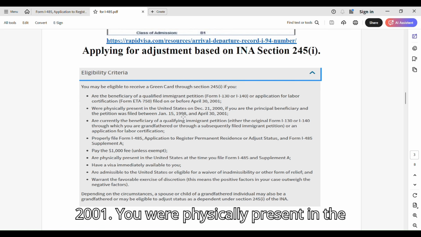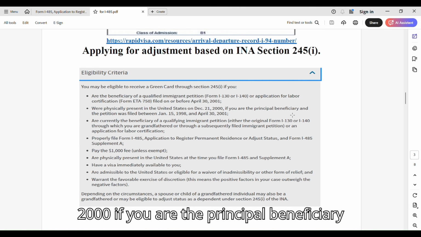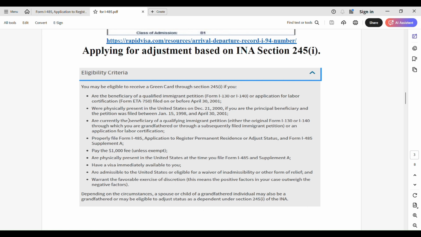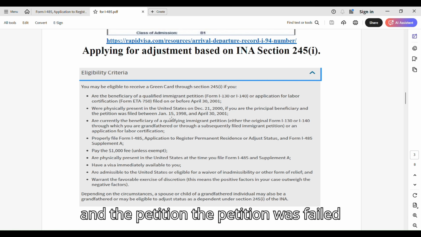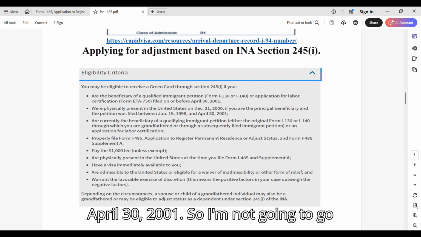You were physically present in the United States on December 21st, 2000 if you are the principal beneficiary, and the petition was filed between January 15, 1998 and April 30, 2001.